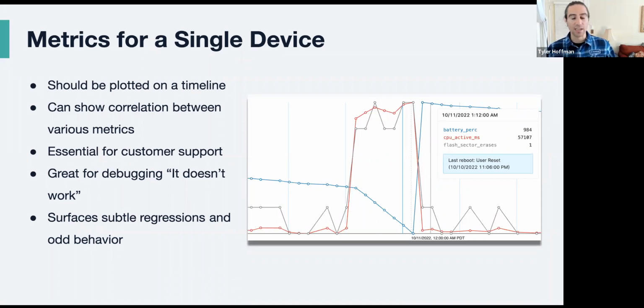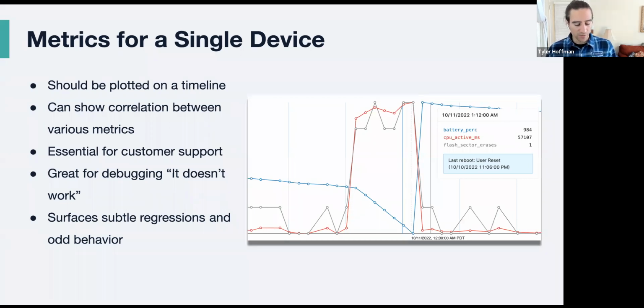If they didn't have the data they needed, they would ask the firmware team to add a couple more metrics. So both customer support and firmware engineers use this view, and Memfault provides this when they were actually trying to deal with a customer issue. And you can also see regressions or issues or basically driver bugs really easily.